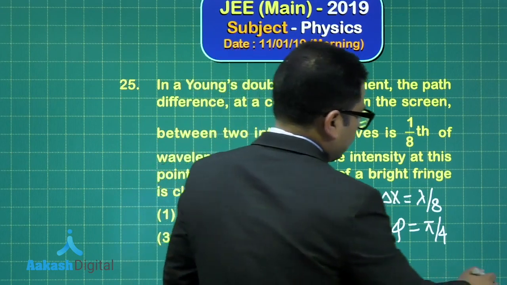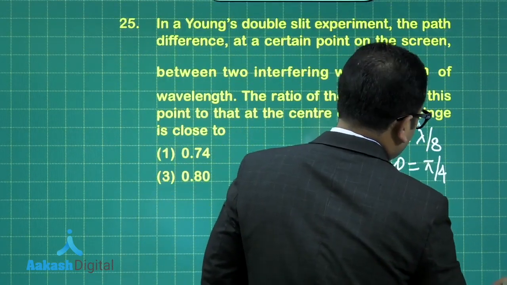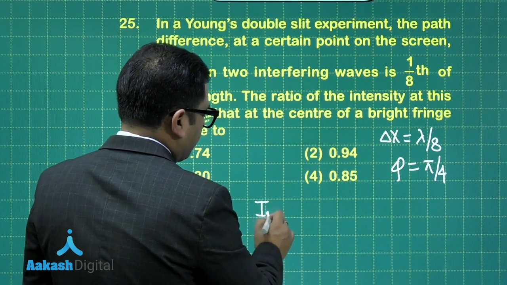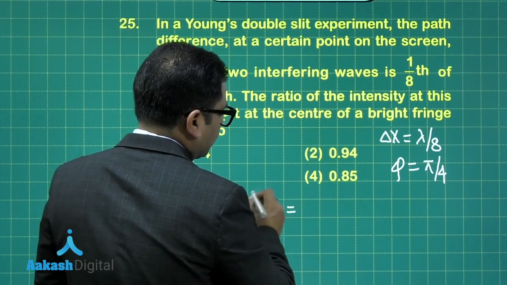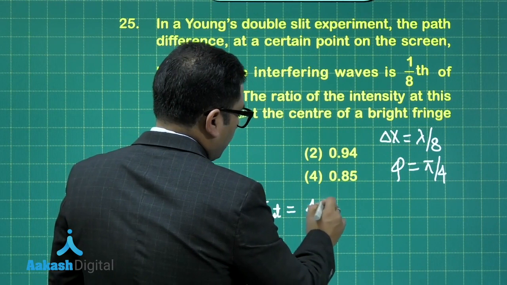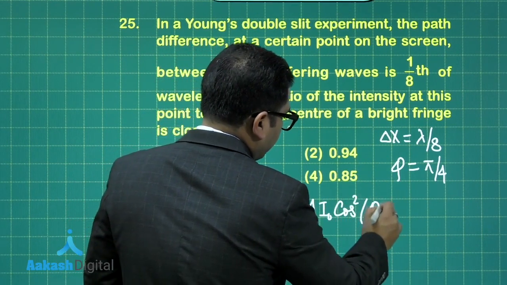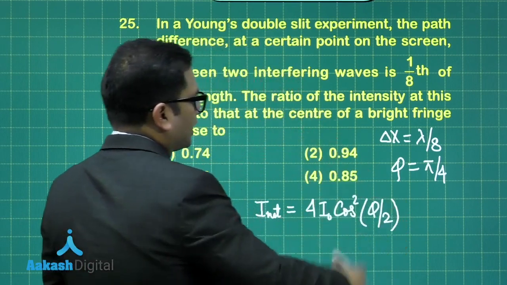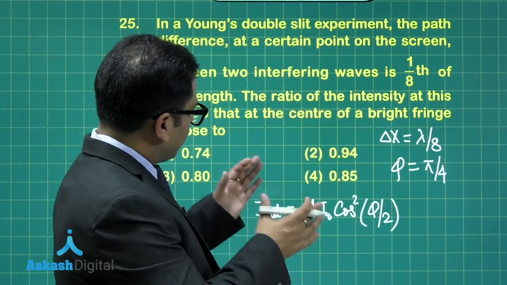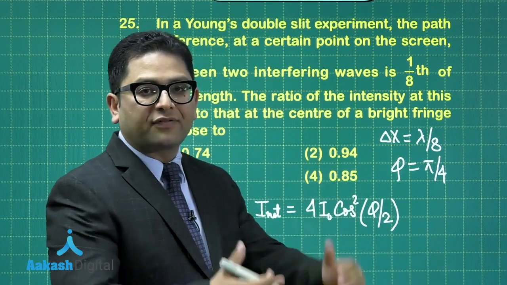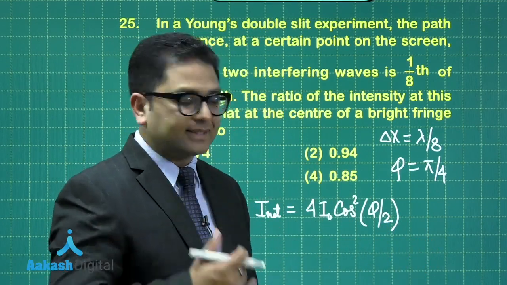Now, interestingly, whenever I have two interfering waves of same intensity, I'll be getting the net intensity as 4 I naught cos square phi by 2. So that's the net intensity at any given point when the two interfering waves have same intensity.